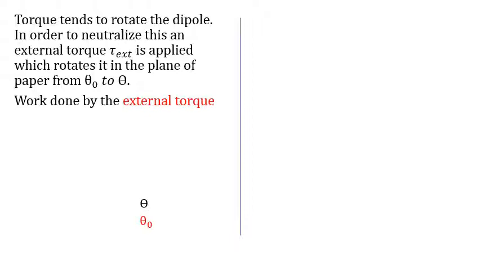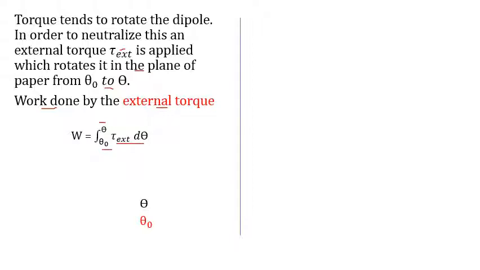Now in order to neutralize it, an external torque is applied. When the external torque is applied, it rotates that dipole in the plane of paper from theta 0 to theta. During this, the work done by the external torque is stored in the form of energy, and that energy is potential energy. So let us find this work done, and it is nothing but the integration from theta 0 to theta of external torque into d theta.